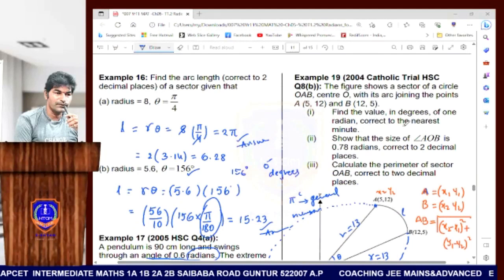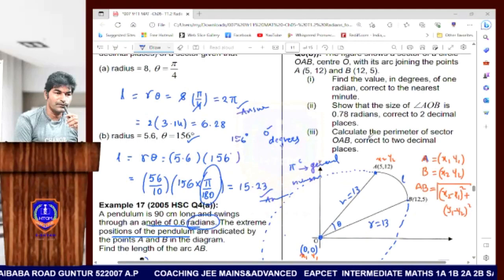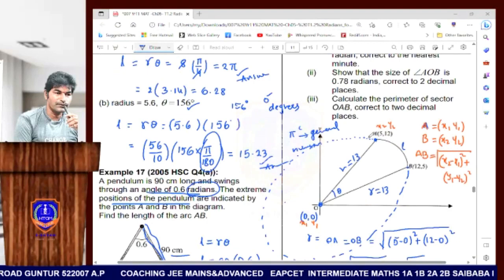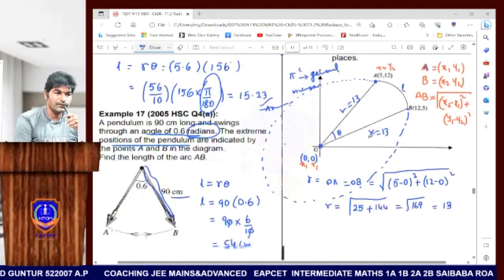Find the value in degrees of 1 radian. 1 radian is equal to 54 degrees something, correct to the nearest 1 minute. The figure shows a sector of a circle OAB and its arc joining the points (5, 12) and (12, 5). Find the value in degrees of 1 radian. Show that the size of angle OAB is 0.78 radians, correct to 2 decimal places.